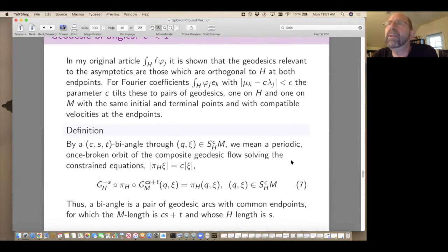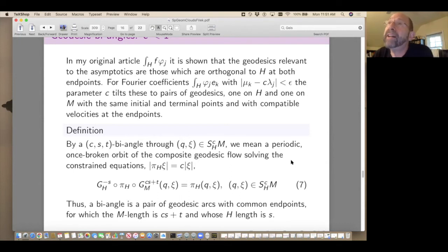Back in the days when you studied averages or periods, everybody discovered that the geodesics which are contributing are the ones which are orthogonal to H at both endpoints. So these are important geodesics in geometry anyway.